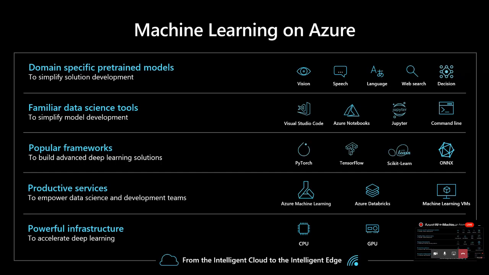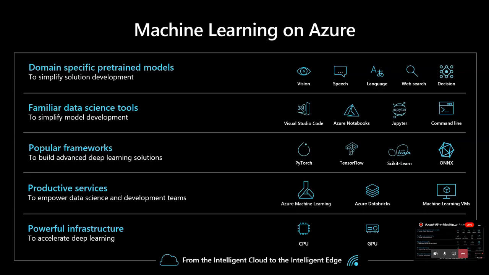On the top, we have some pre-trained models, which come under Azure Cognitive Services, which my colleague already discussed, right? Now we have various familiar data science tools. If you're familiar with Jupyter notebooks, or want to have your own environment rather than installing any dependency on your systems, you can go for Azure Notebooks.